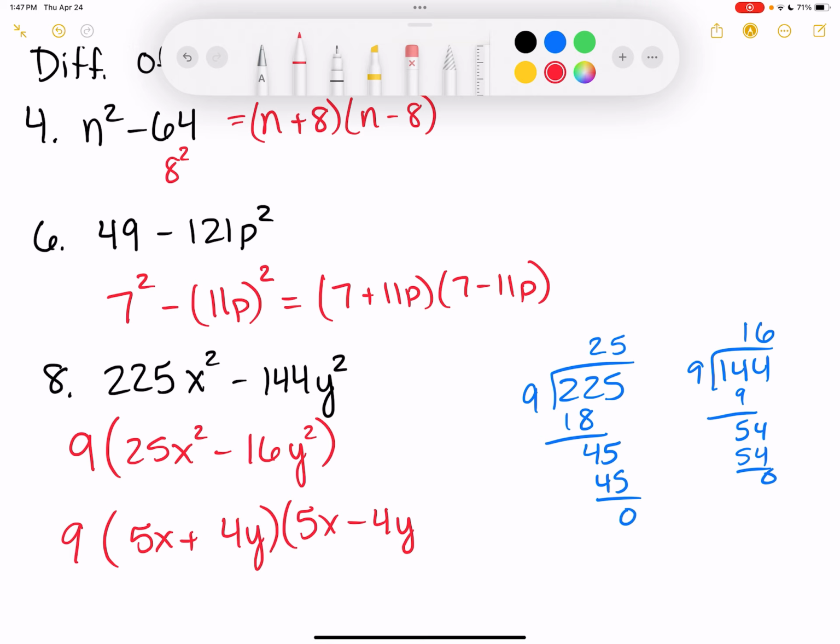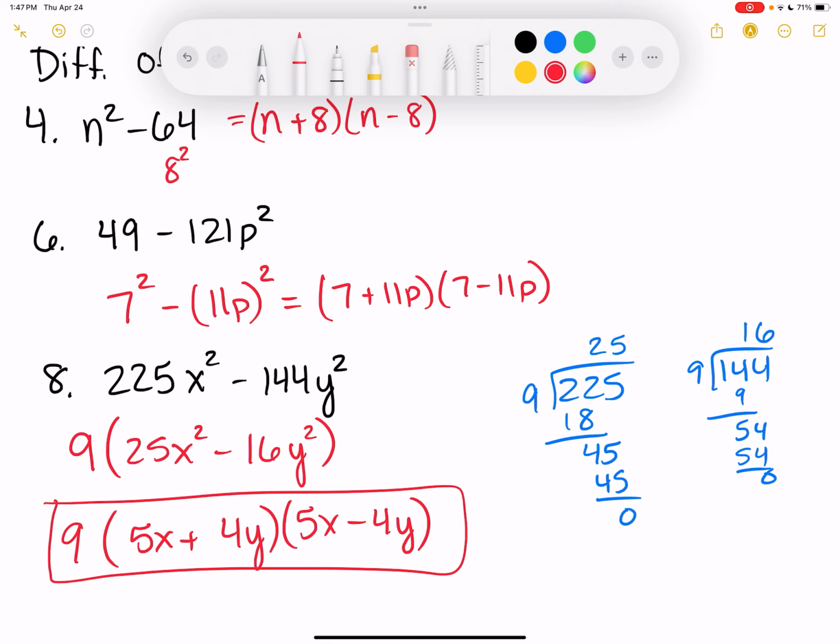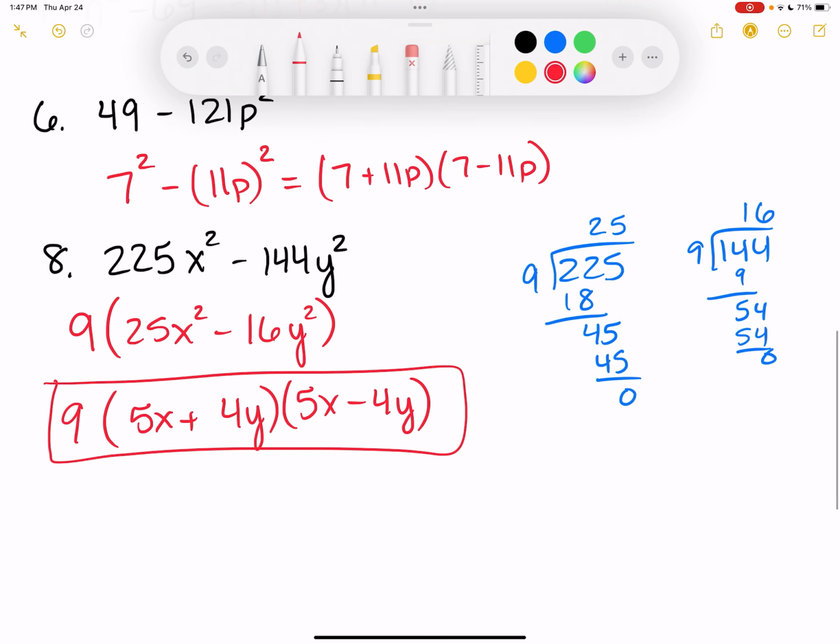So this is how the book writes the answer. But I'm okay if we recognize that 225 is 15 squared by writing this as 15x plus 12y and 15x minus 12y. Either way is fine.